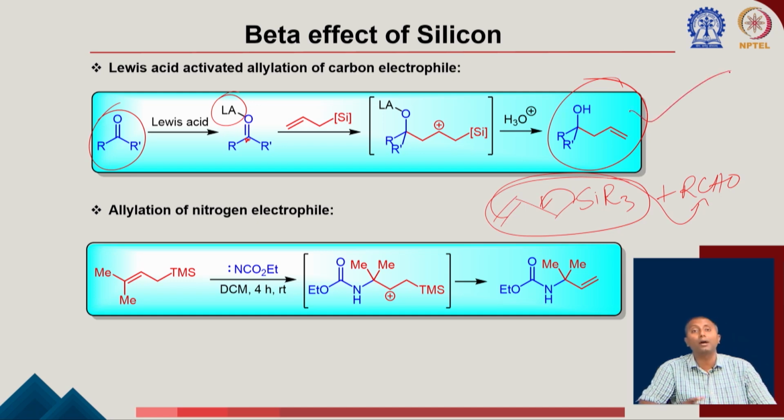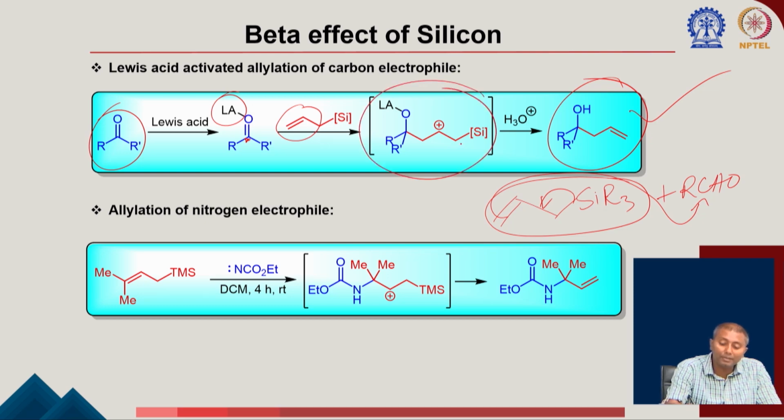But now, if you try to understand the mechanism of what is happening here, if you have this olefin here, the olefin is giving electron density to attack the carbonyl group to generate this corresponding carbocation here. Now, this carbocation is actually forming in the beta position.